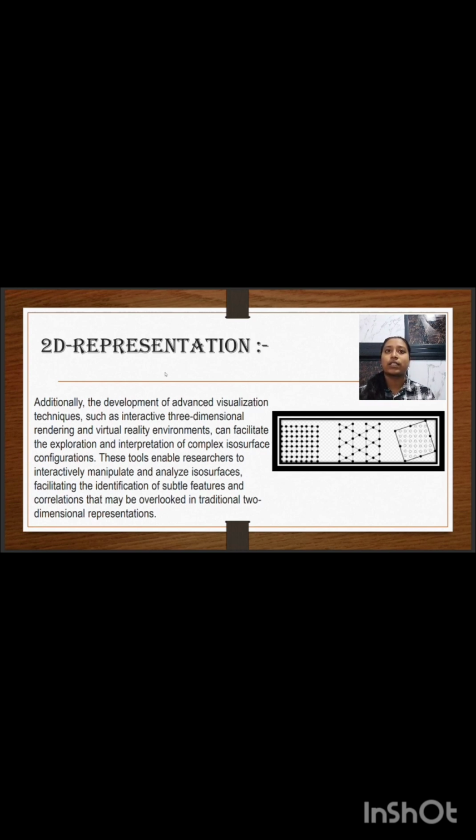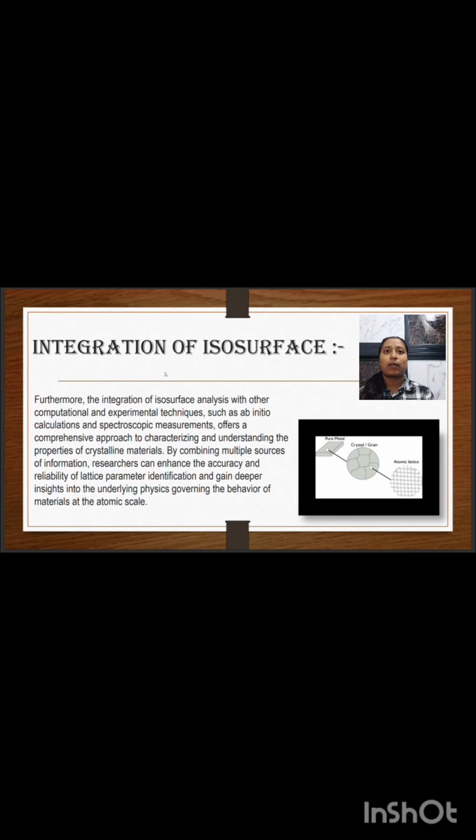Integration of isosurface. Furthermore, the integration of isosurface analysis with other calculations and experimental techniques such as ab initio calculations and spectroscopic measurements offers comprehensive approaches for characterizing and understanding the properties of crystalline materials by combining multiple sources of information.